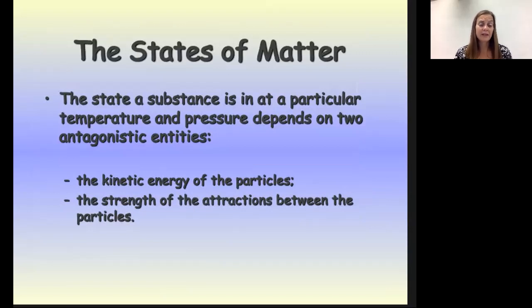And then the other thing it depends on is the strength of the attractions between the particles. And now we're talking about intermolecular forces. So the state of the substance depends on which of these two forces is stronger. The stronger the intermolecular forces, the higher the substance's melting point and boiling point is going to be.